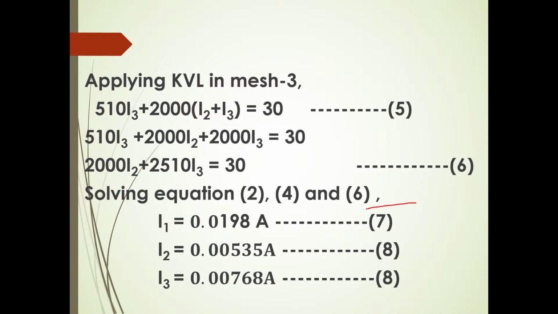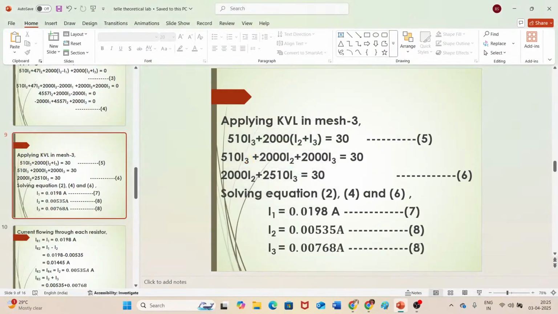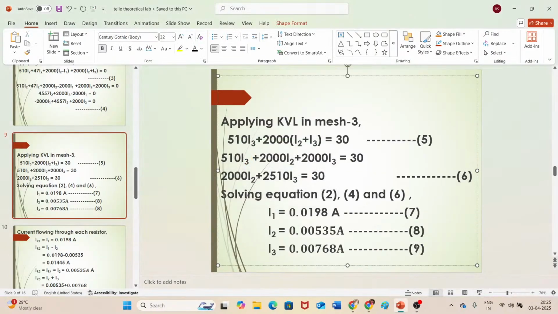So consider I1, I2 and I3 values and give some numbering to them. Equation number 7, 8 and here it should be 9. I didn't write the 9 here. It is 8 here. It should be 9. So give some numbering to these currents I1, I2 and I3.